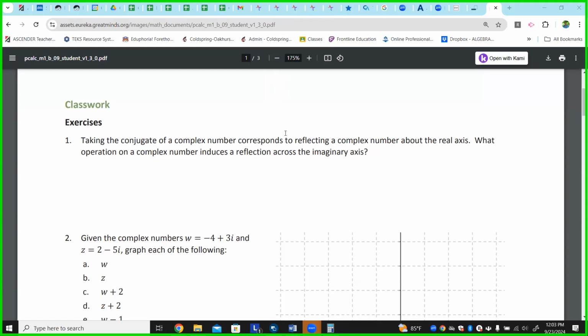All right, do we all got an answer? What do you think you need to do to reflect it across the y-axis? Yes, ma'am. The y-axis, yes. Go ahead. Very good. We need to change the sign of the real number.